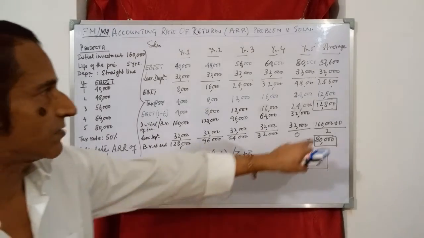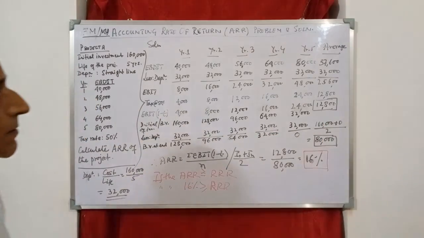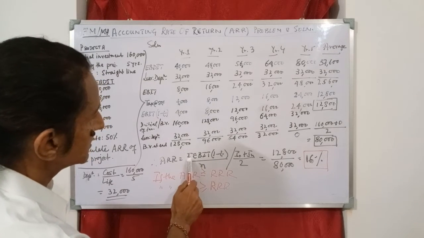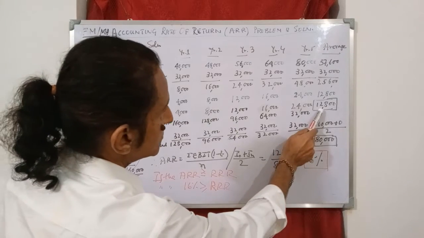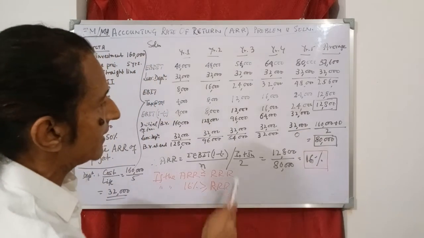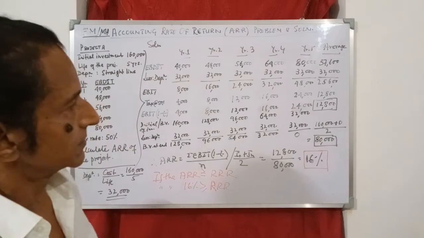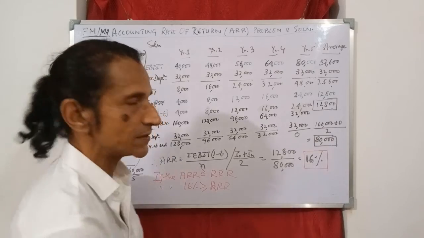So we have found out the average profitability of the project. We have divided sigma EBIT into (1 minus T) divided by N, that is 12,800, by (I0 plus IN) by 2, which is 80,000. So 12,800 by 80,000 is 16%.